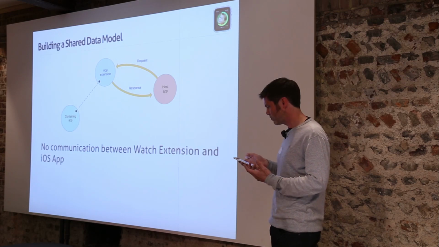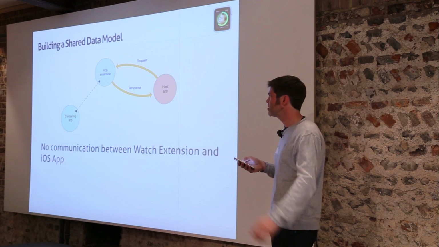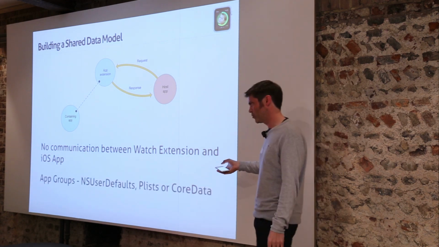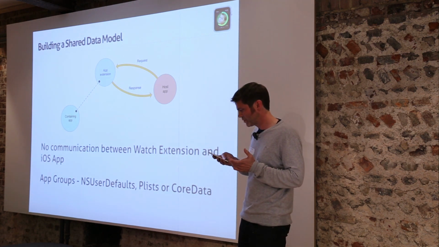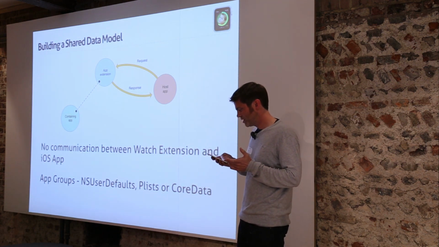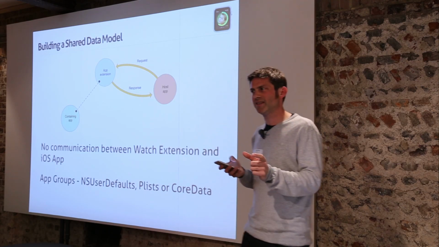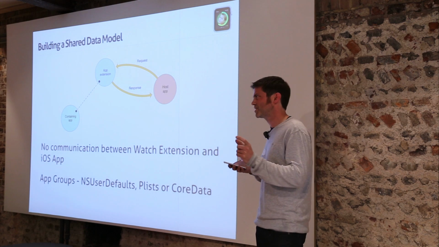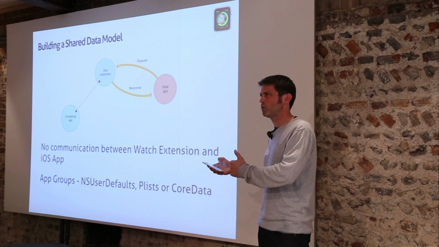So how do your iOS app and extension share a data model? Well, that's what app groups are for. App groups are a capability that you add in your Xcode settings for your iOS and your Apple Watch app.